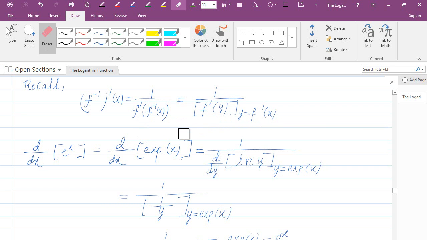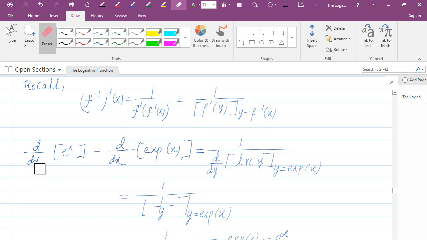So in other words, in order to find the derivative of the inverse of f at x, we first find 1 over the derivative of f, and then we replace the input by f inverse of x. So that's what I'm going to do here.